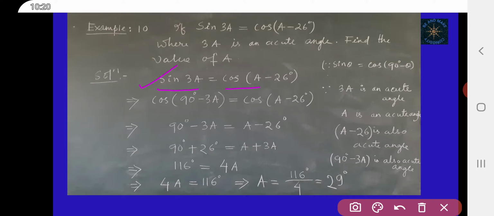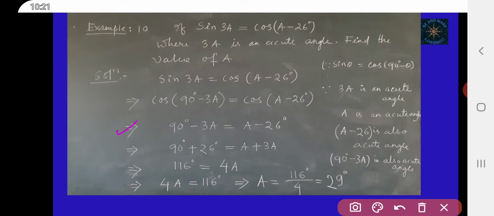You make them an equal trigonometric ratio. So you write sin in terms of cos here. You know that sin theta equal to cos 90 degree minus theta. Here theta is 3a, so you can write cos 90 degree minus 3a is equal to, right side remains the same, cos a minus 26 degree.